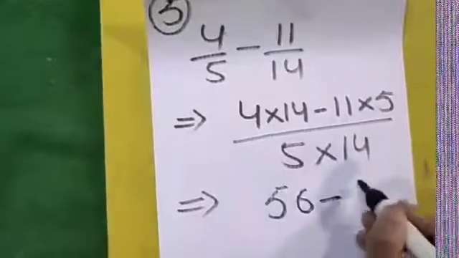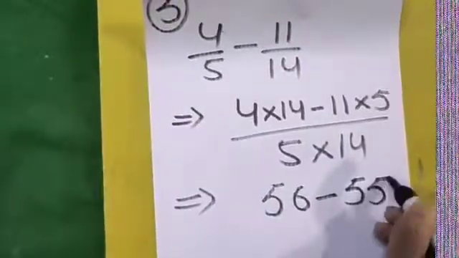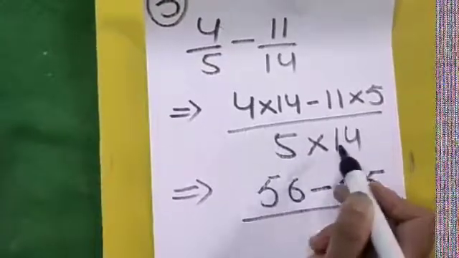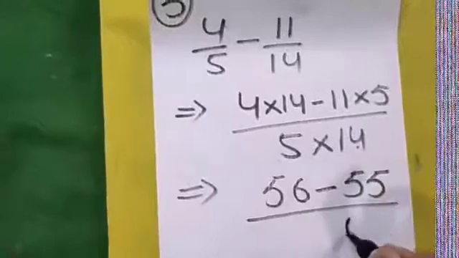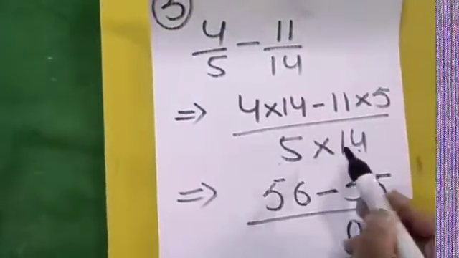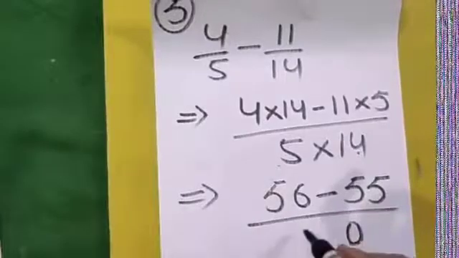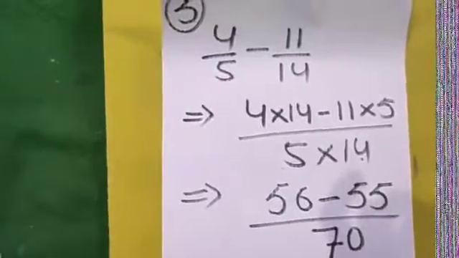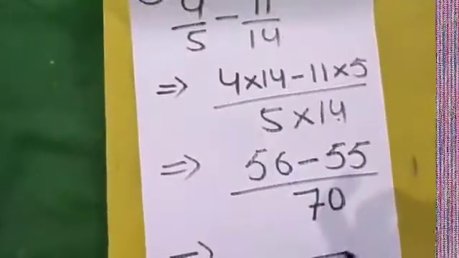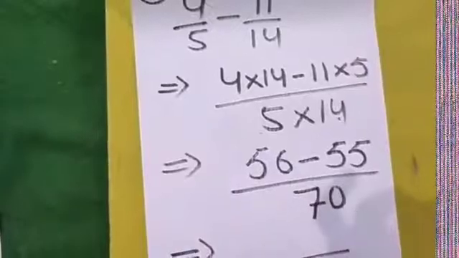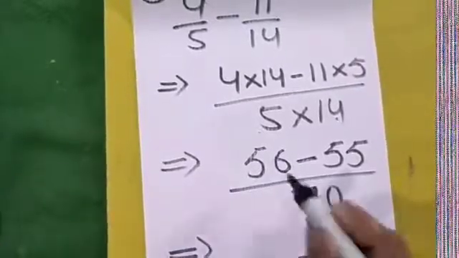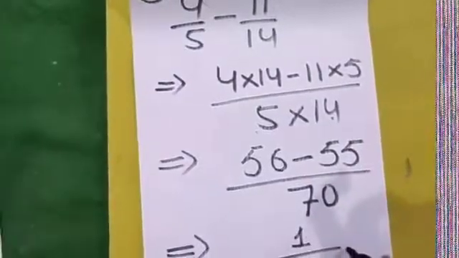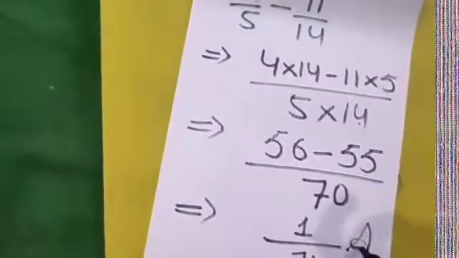Now 11 times 5 is 55, and in the denominator we have to multiply 5 and 14. 5 times 4 is 20, so we will write 0 and put 2 as carry. 5 times 1 is 5 and 2 was carry, so we get 7. That means 5 times 14 is 70. Now we will subtract the numerators, and the denominator is 70. 56 subtract 55 is 1, so our answer is 1 upon 70.